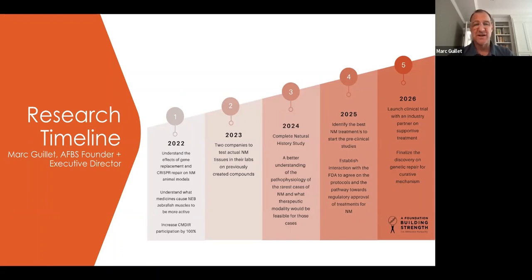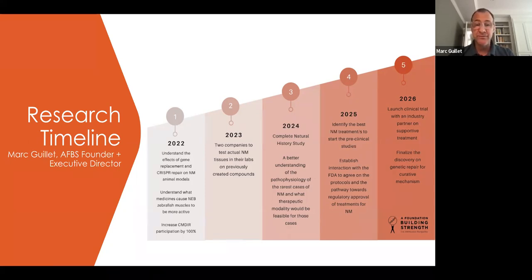We want to increase, like I said, the registry participation by at least 100%. By next year, our hope is that we'll have 2 companies actually having tissues in their labs and testing their compounds that have already been created and deemed safe on these tissues to see what would help those with NM.